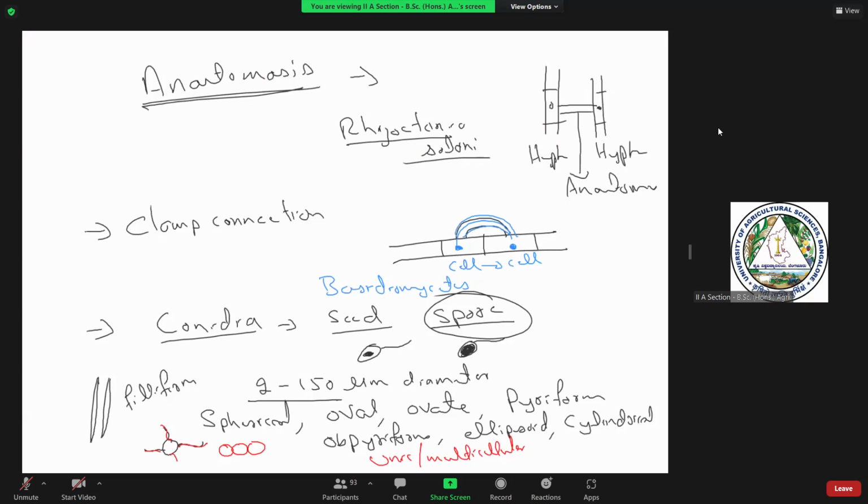Conidia is basically a propagating structure with a wide range of shapes, unicellular or multicellular, sometimes single, or forming in chains. Where do they originate?